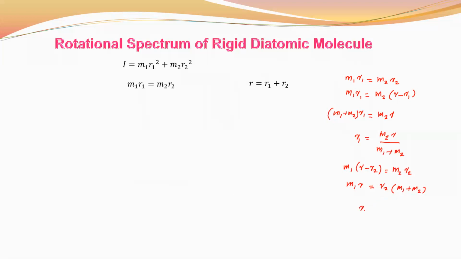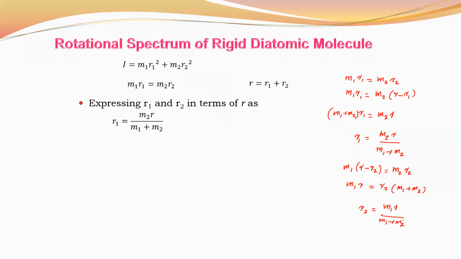Then r2 is equal to m1 r divided by m1 plus m2. So we write r1 is equal to m2 r divided by m1 plus m2, and r2 is equal to m1 r divided by m1 plus m2.